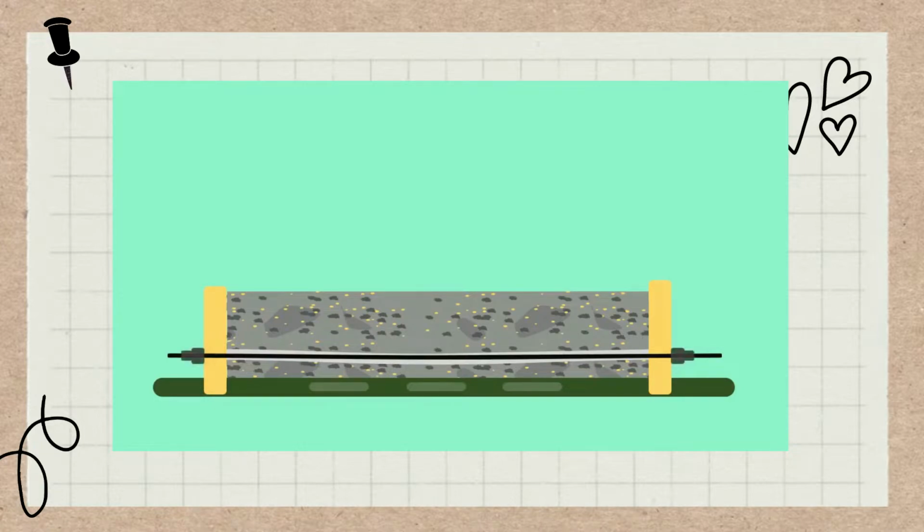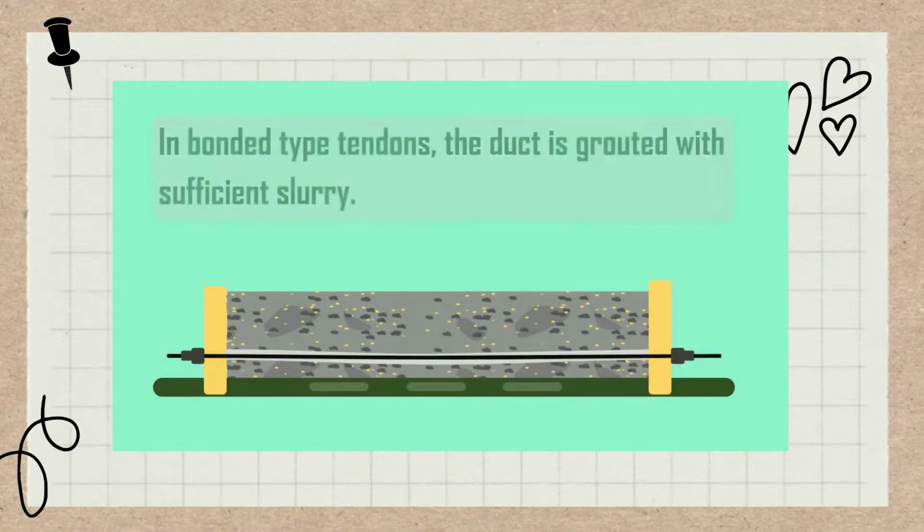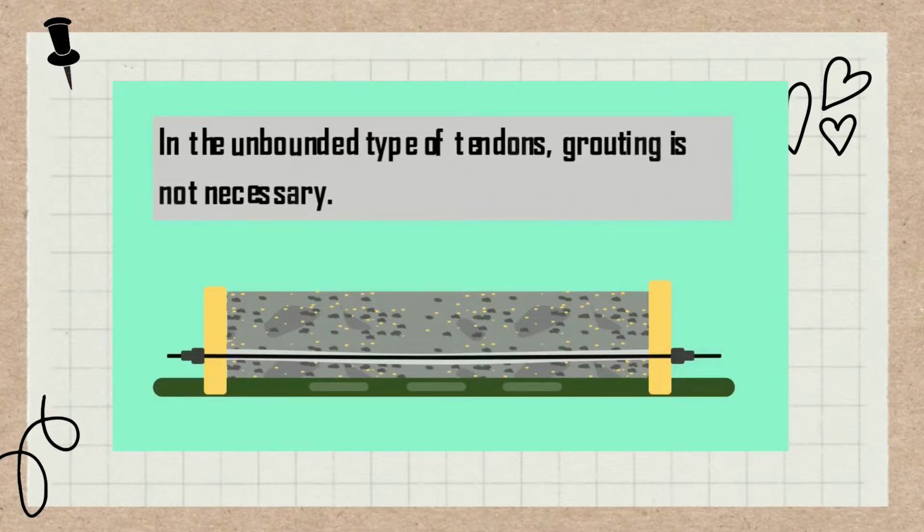After the concrete is hardened, the tendons are tensioned by hydraulic jacks and anchored. In case of bonded type tendons, the duct is grouted with sufficient slurry. In the unbonded type of tendons, grouting is not necessary. We will learn about this later.